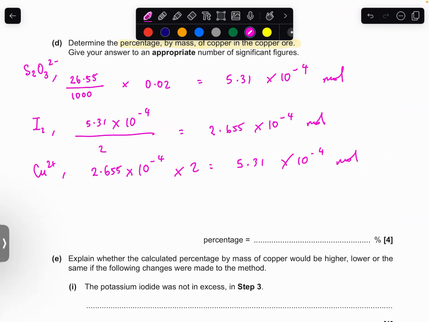And now that we know how many moles of copper we have, we multiply that by copper's relative atomic mass. What's this?